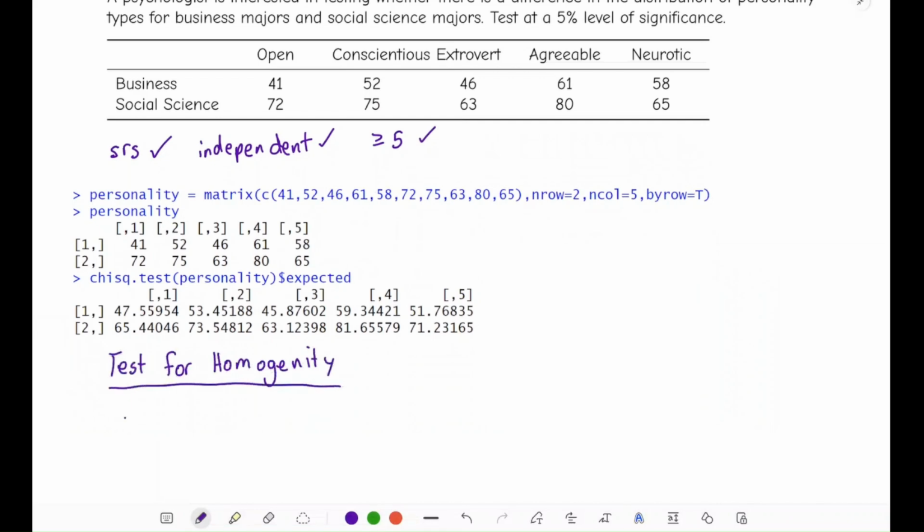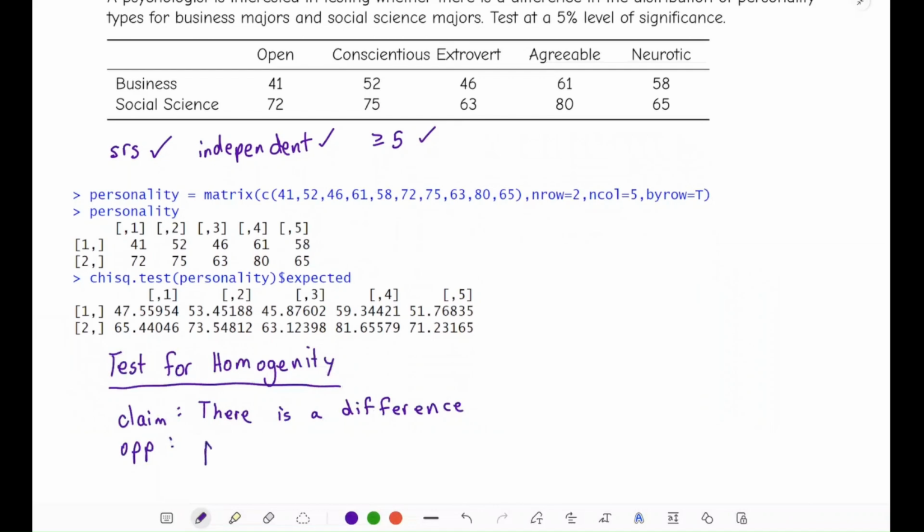So what is the claim? The claim is testing whether there is a difference. So the claim is there is a difference. The opposite of that would be that they're all the same. Now, the thing I'm keeping track of are the personality types.